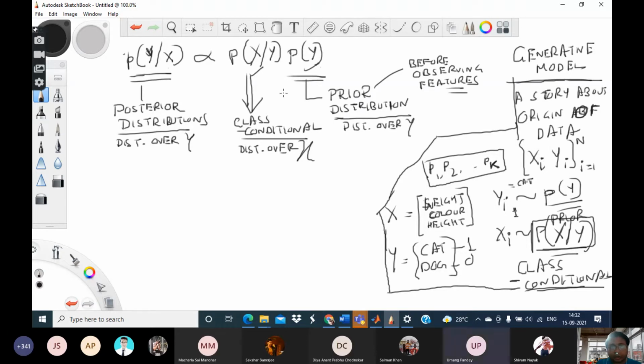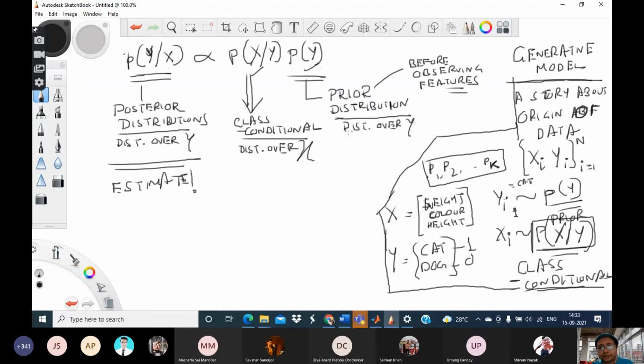So basically my task is to estimate the posterior distribution. As I have already said, the posterior distribution is nothing but the prior distribution multiplied by the class conditional distribution.